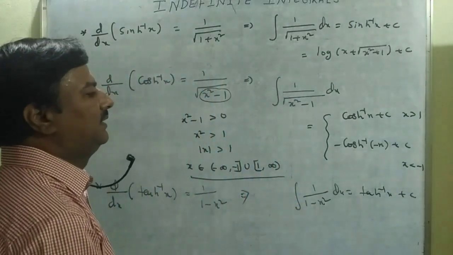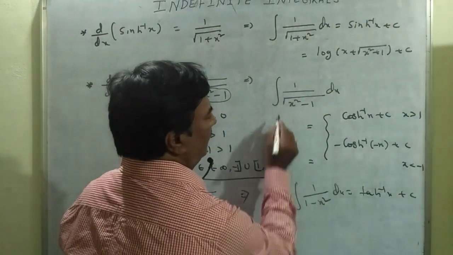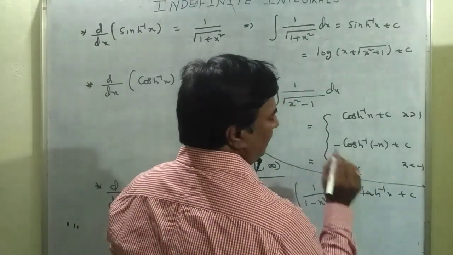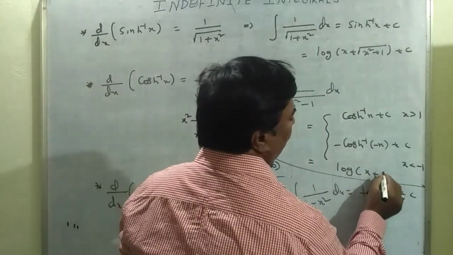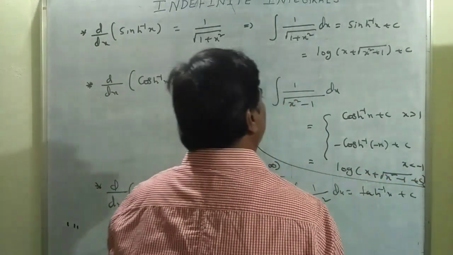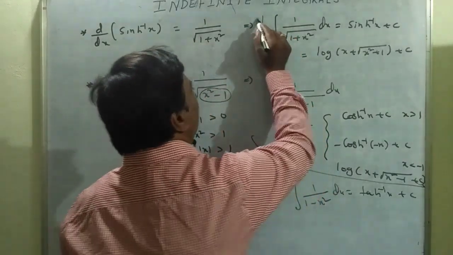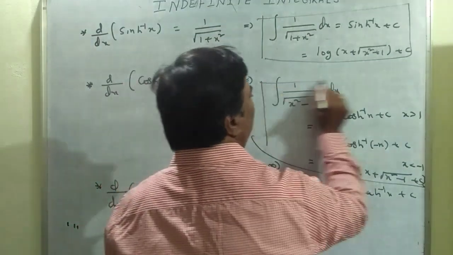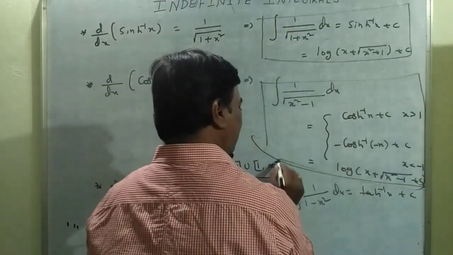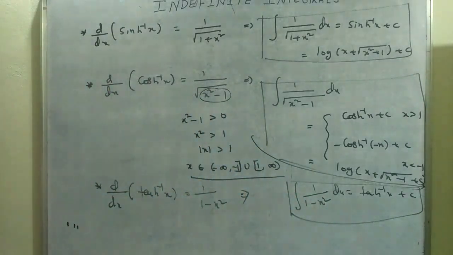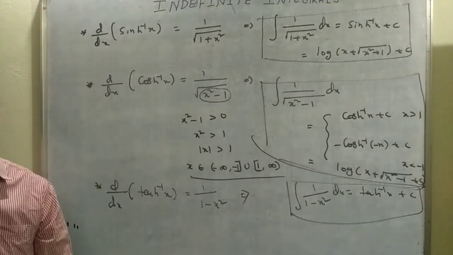Now see here, the inverse hyperbolic cosine function in logarithm terms is log of x plus root of x squared minus 1, plus c. This is one formula we need to remember, and this is another formula. These are the integrals related to the inverse hyperbolic functions.